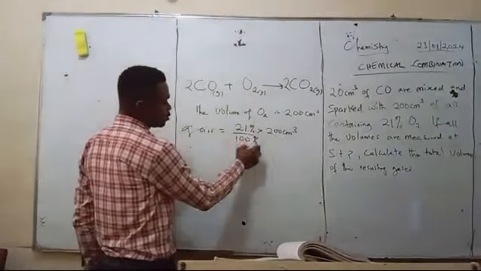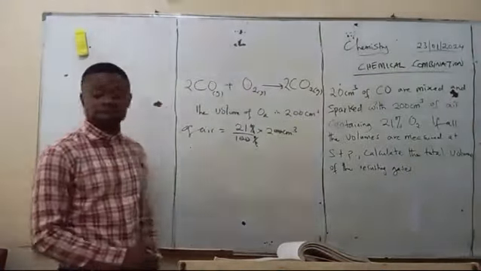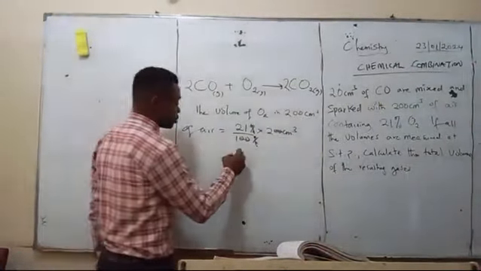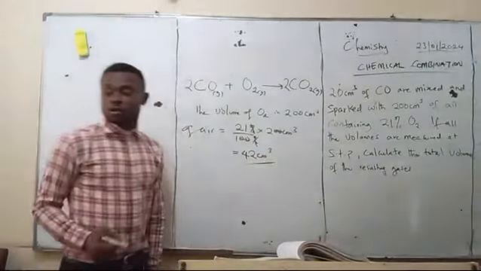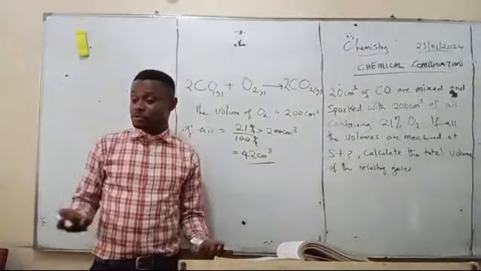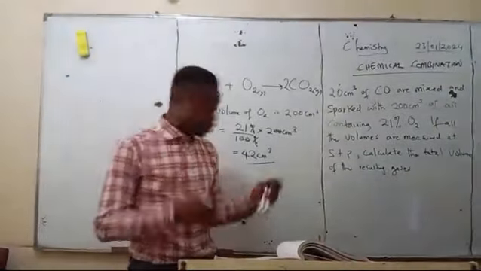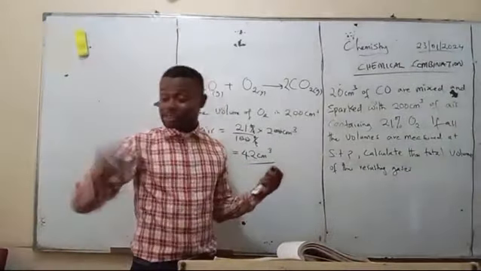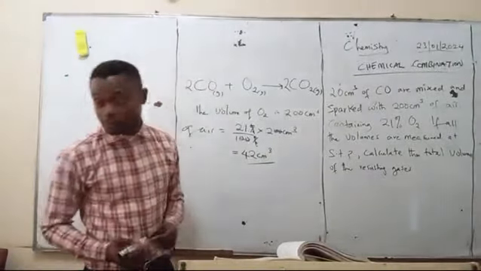Simply, the 100 will cancel two zeros of 200, so we are left with 21 times 2 cm cube, which is 42 cm cube. So that is oxygen, not air. The air is 200 cm cube, but the oxygen inside that air is 21% of 200, which is 42 cm cube. Is it clear?